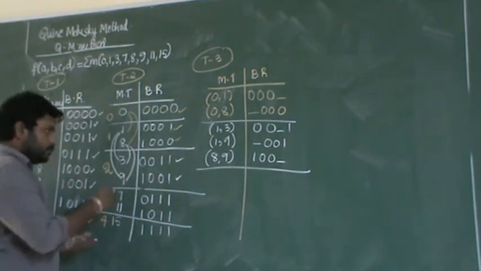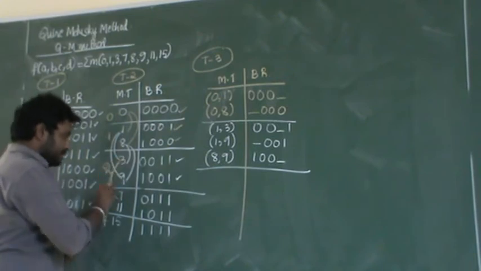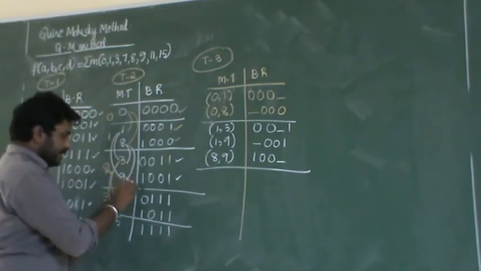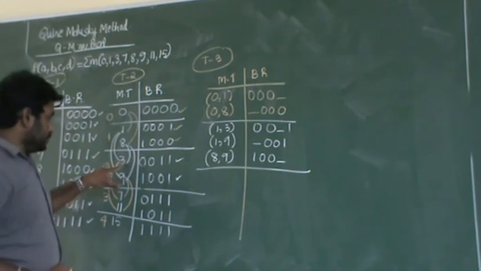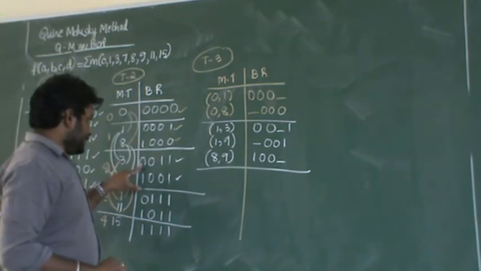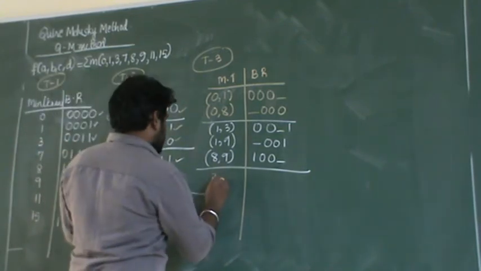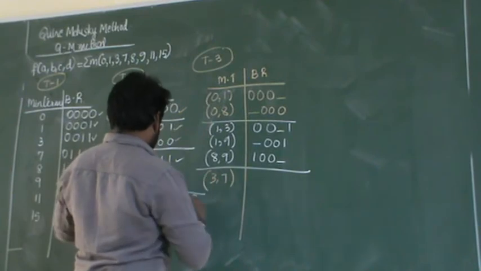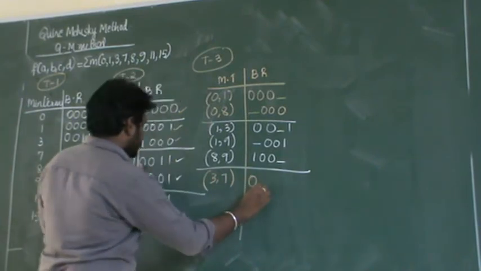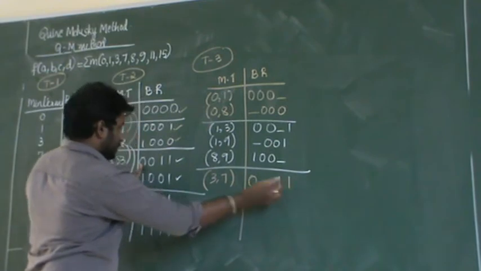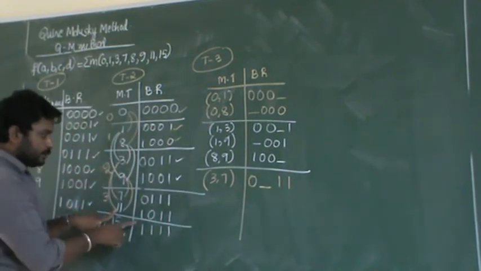Next, what I have to do? 3 with 7, 3 with 11, 9 with 7, 9 with 11. So 3 with 7, can I compare it? Yes, obviously. The answer is 0 dash double 1. Next, 3 with 11, is it possible?